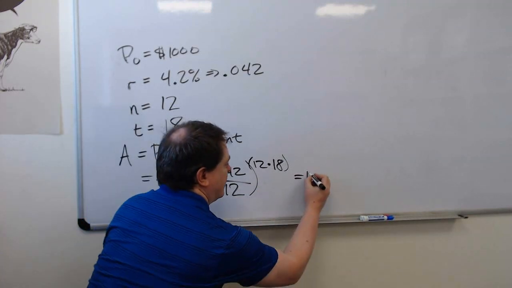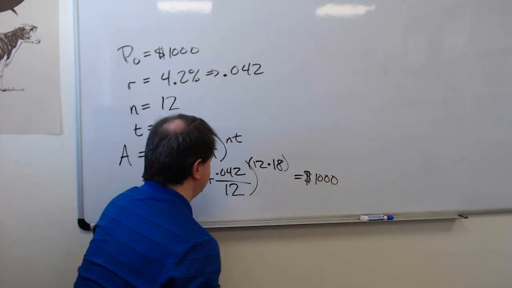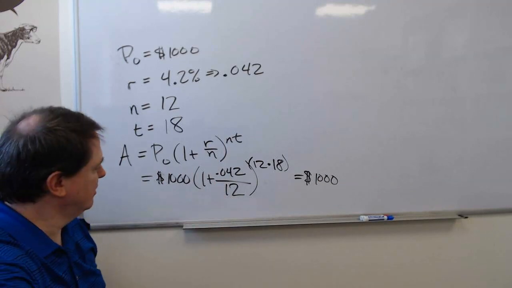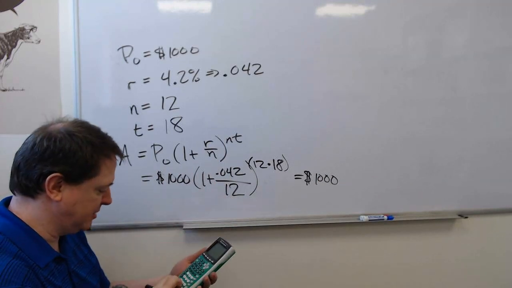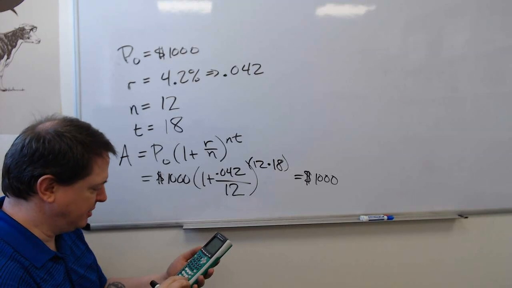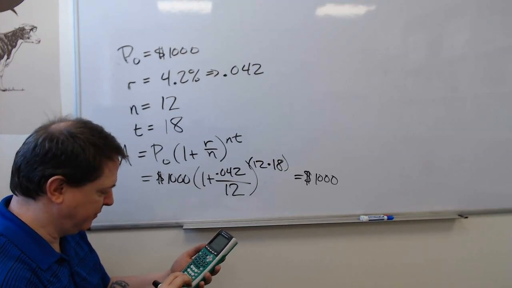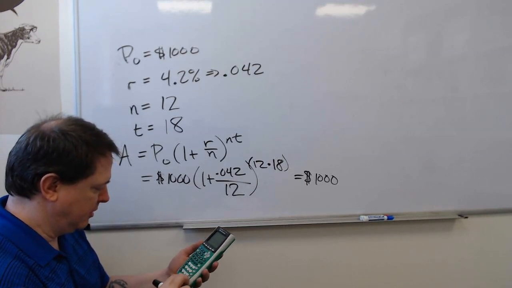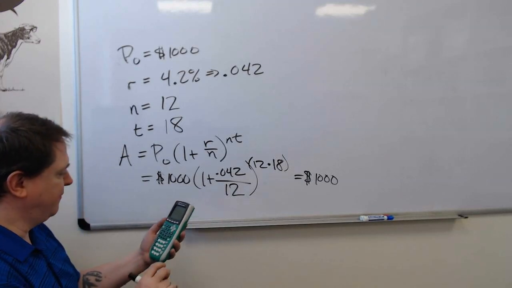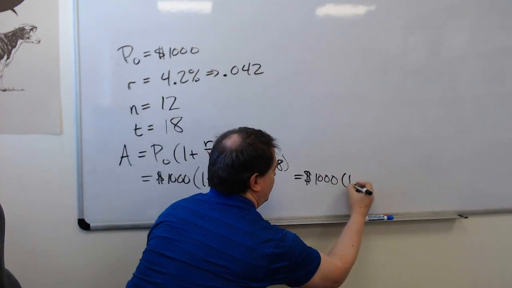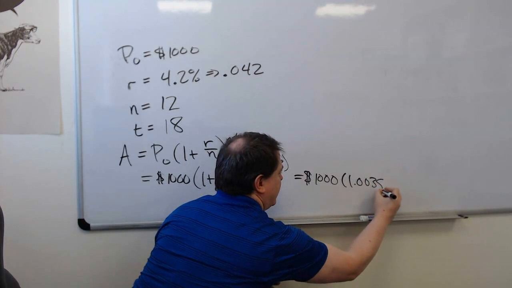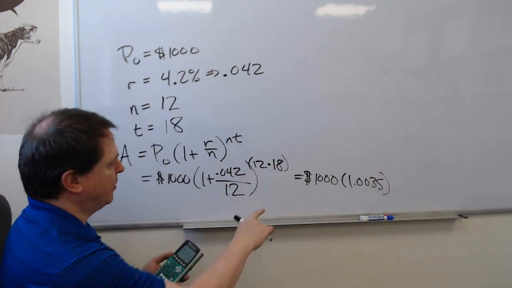So this is going to come out to be $1,000, and then let's do this chunk inside these parentheses. 0.042 divided by 12 is 0.0035, add on the 1, and I get 1.0035. And what do I want to raise that to?